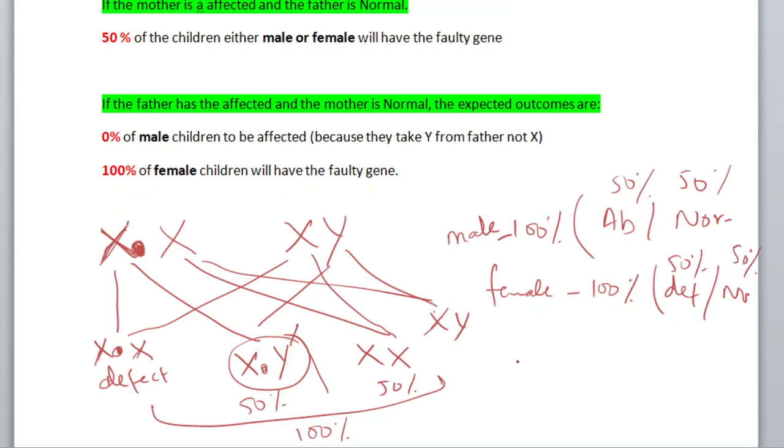And if they ask you overall, you will say 50% normal and 50% abnormal. Here you can count two are normal and two are defective.